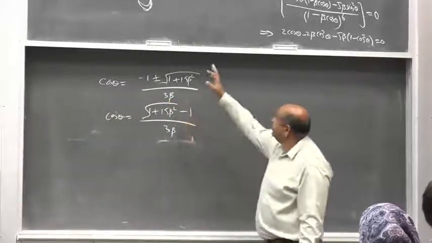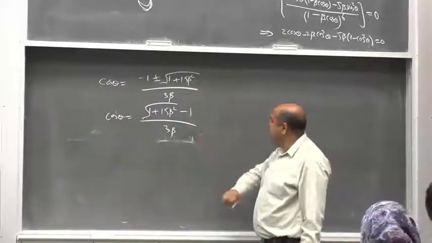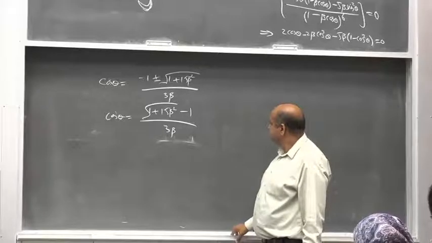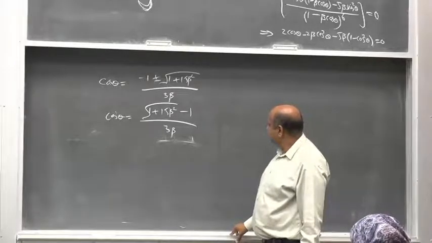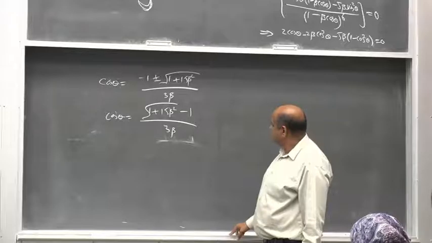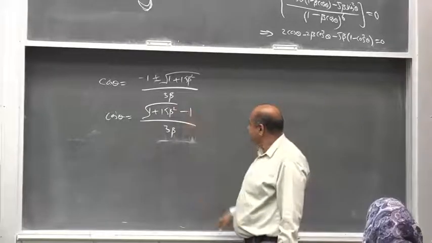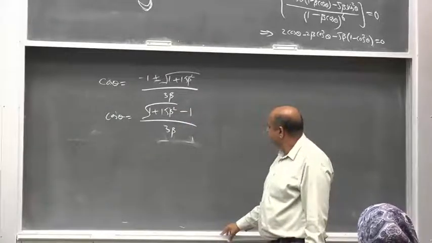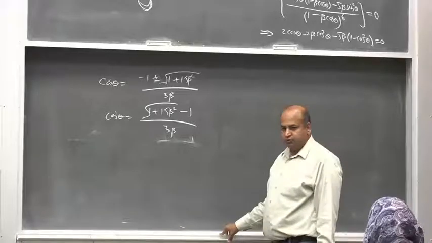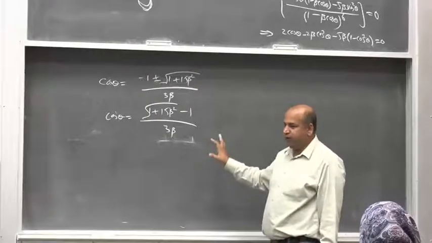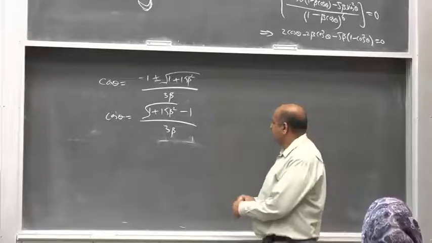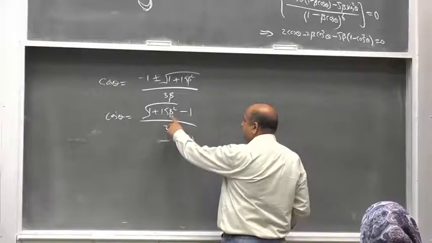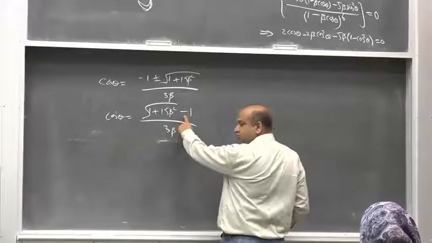पहले तो क्विकली देख लें कि क्या ये नॉन रेलेटिविस्टिक केस को रिप्रोड्यूस करता है कि नहीं। When beta approaches 0, what's this thing? So you will have to evaluate, but it will come out to 0. Evaluate कैसे करेंगे? क्योंकि L'Hôpital रूल से beta 0 पे ये 0 over 0 बन जाता है.